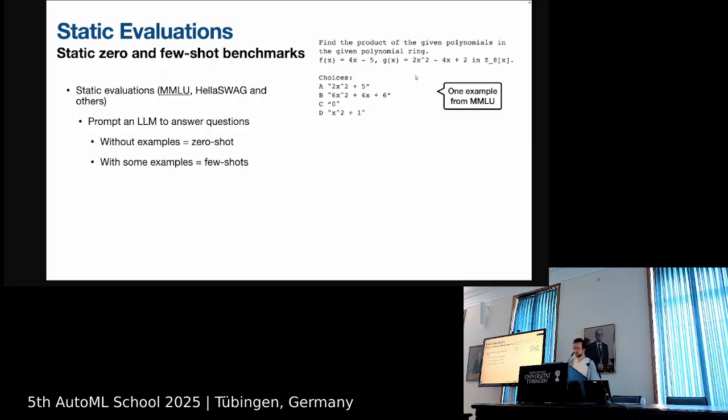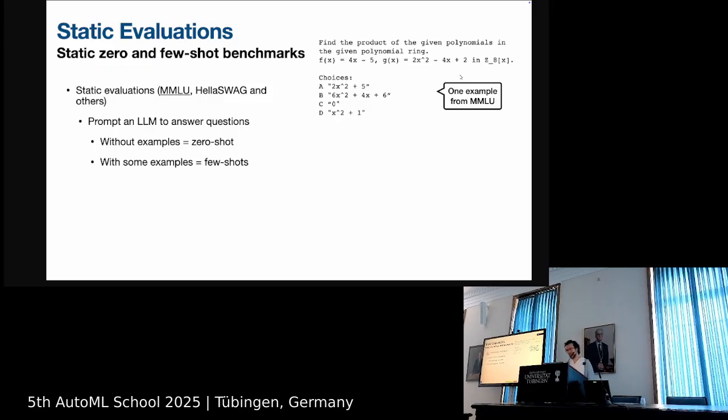This is, for instance, one example from MMLU. I think it's undergraduate math: find the product of the given polynomials in the given polynomial ring. So f is this, g is that, and it's in Z8[x]. I would be keen to know who wants to take a stab at the answer.